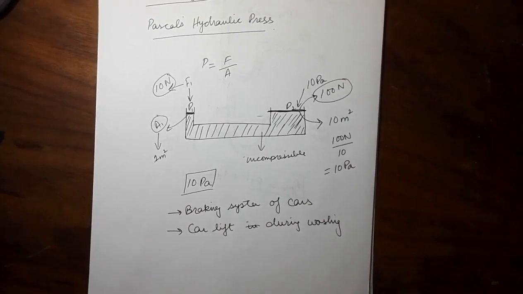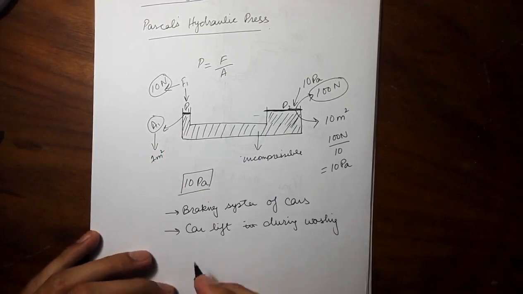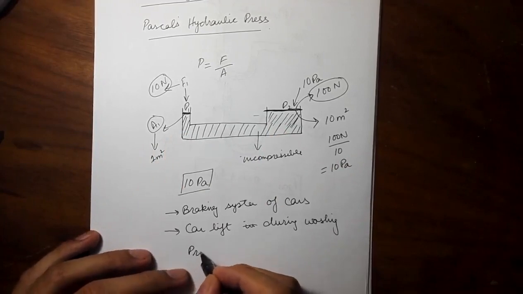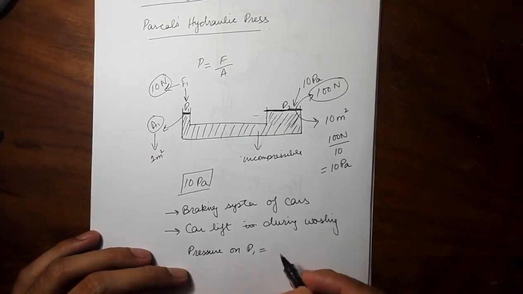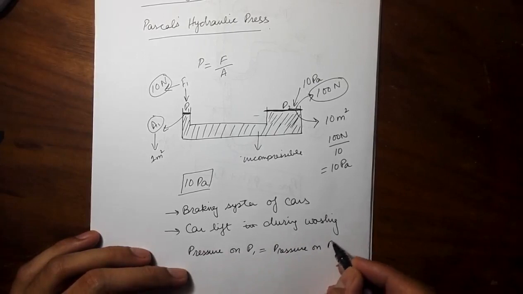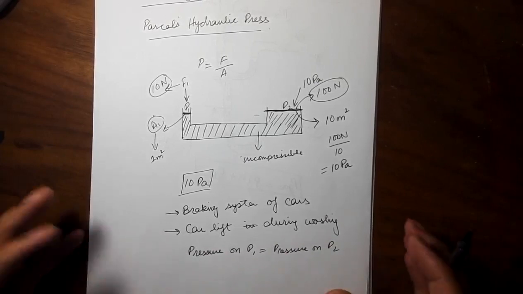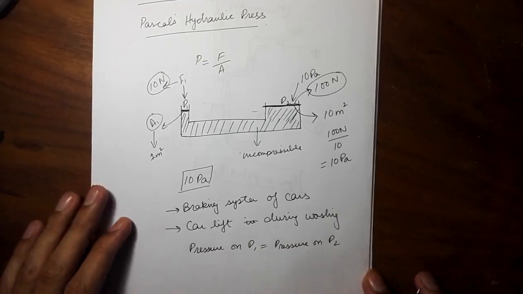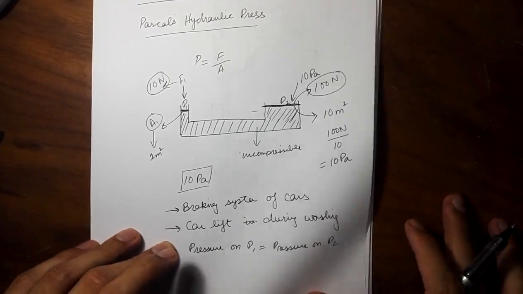You just have to keep in mind one thing: pressure on both ends will be the same. Pressure on P1 is equal to pressure on P2. So you can find out the unknown terms in your questions. Now after Pascal's hydraulic press, we move on to pressure in gases.